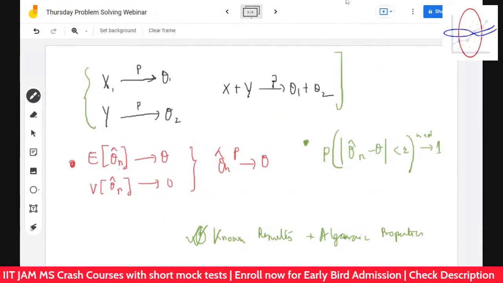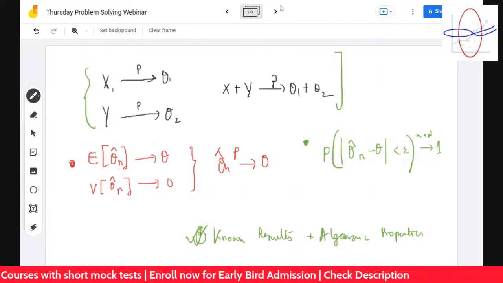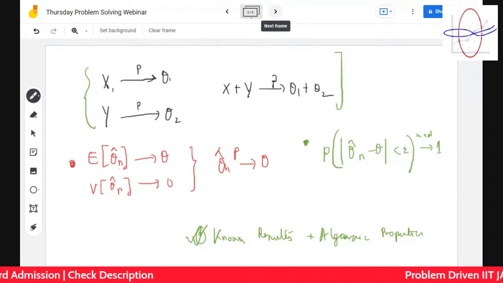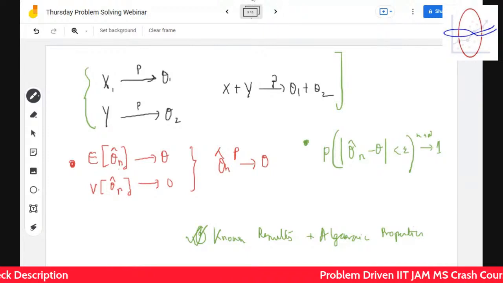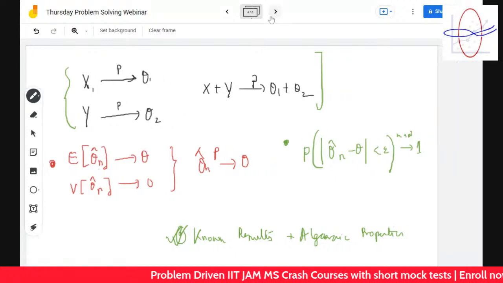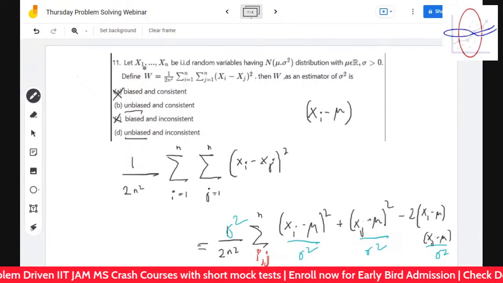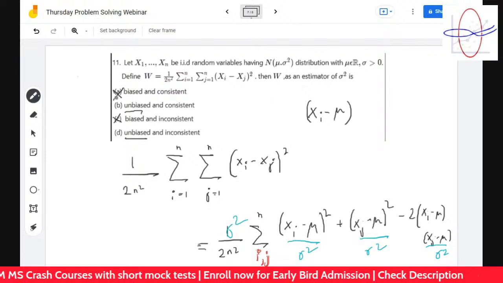Which result to use? What do you think? Any ideas? W is an estimator of sigma square. It's unbiased.